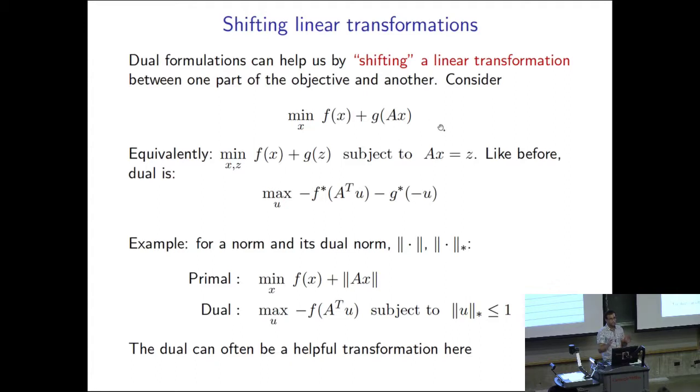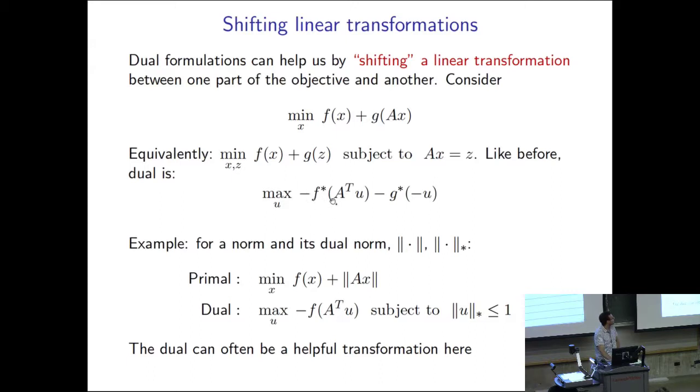If you derive the dual, follow the exact same steps as before. Introduce an auxiliary variable z that stands for all of Ax, add a constraint Ax equals z, and derive the dual. You'll see that the dual involves f star and g star like before, but A has been shifted from being composed with g to being composed with f star.